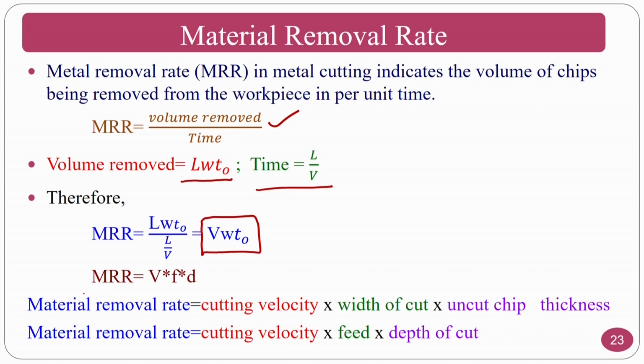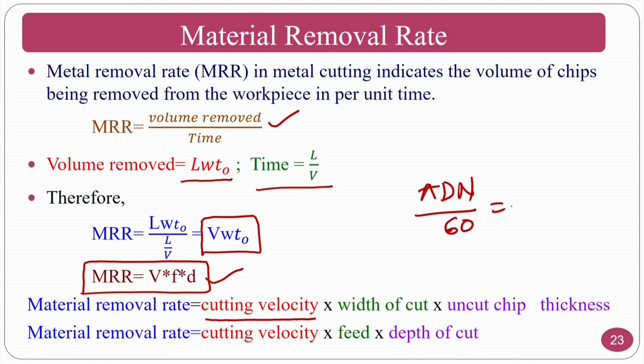If you talk in terms of input parameters, it will be like this. You know all the input parameters, including cutting velocity, which you can calculate from pi D N by 60. You can calculate the cutting velocity where the input parameter is RPM, the rotational velocity of the workpiece, and D is the diameter, and the other things are known to you.